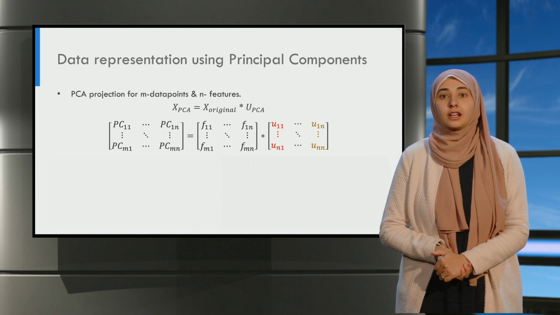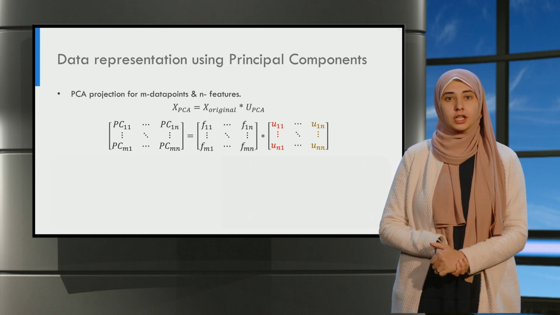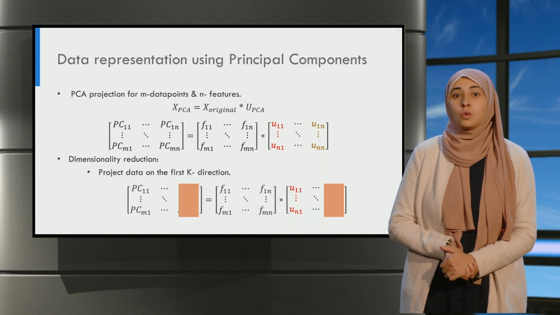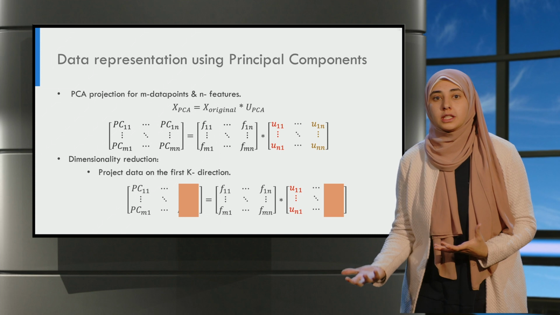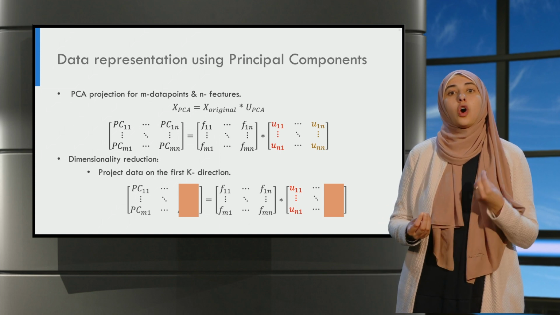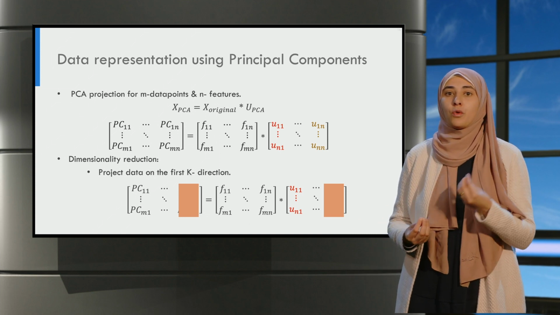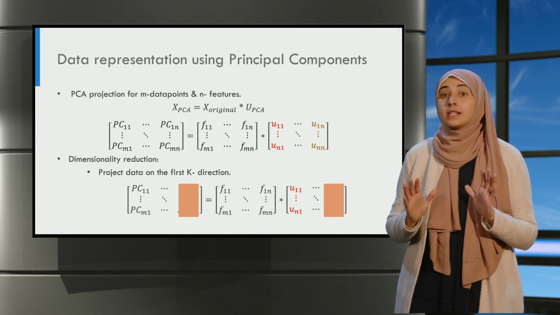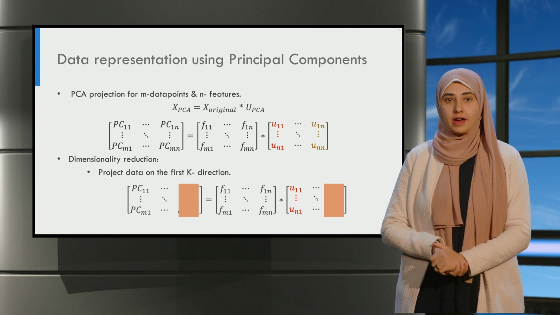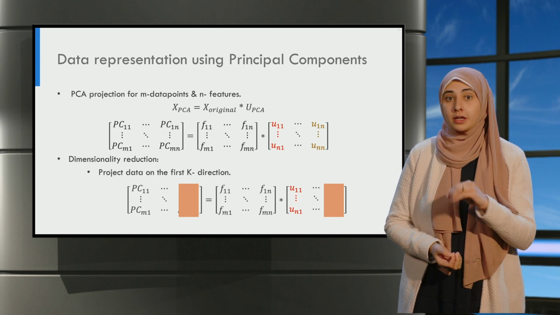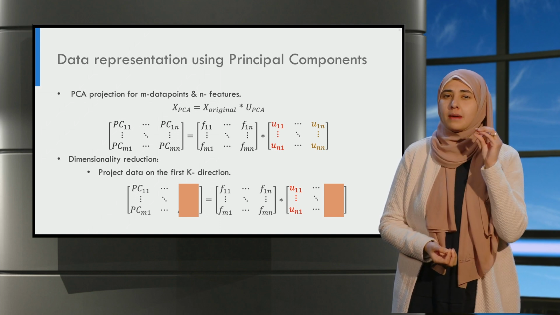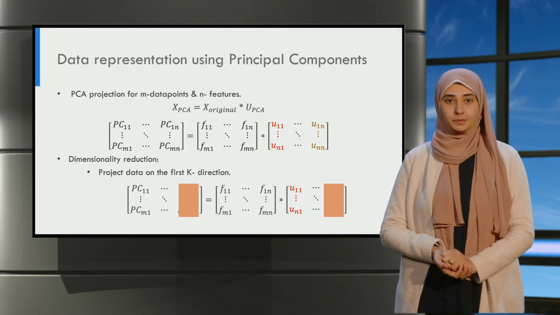This can be generalized to any n-dimensional feature space. To move from n features or dimensions to k dimensions, the data is projected on the first k principal component directions, the ones that have the maximum amount of variance. That will ensure that in the k-dimensional space, we lose the minimum amount of variance in the data.